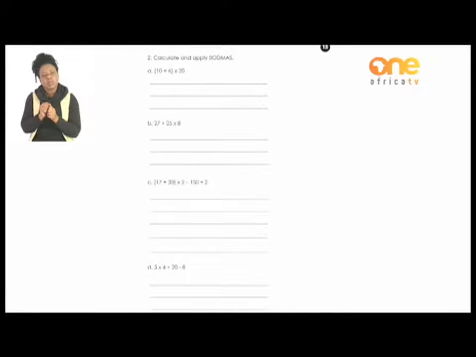Number C, in brackets, 17 plus 33 times 2 minus 150 divided by 2. Also a very nice BODMAS sum because there's a bracket, a multiplication, a subtraction, and a division. And lastly, 5 times 4 plus 20 minus 8.